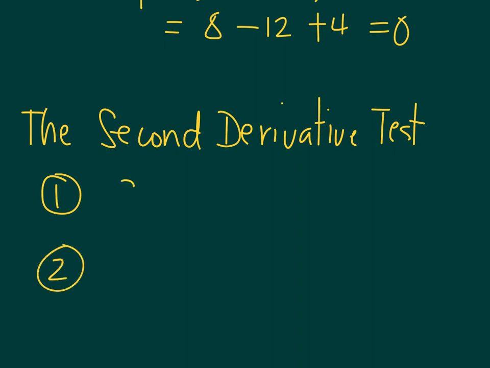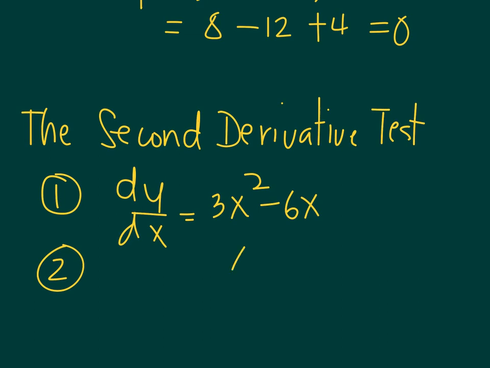From 1, we obtain dy over dx is equal to 3x squared minus 6x, in which we found x, when this is 0, x is equal to 0 and x is equal to 2. Okay? But the second step, instead of using the first derivative, you go straight to the second derivative.